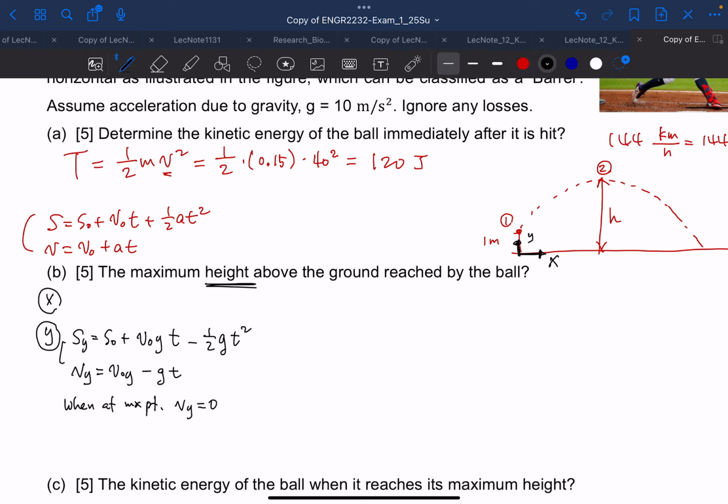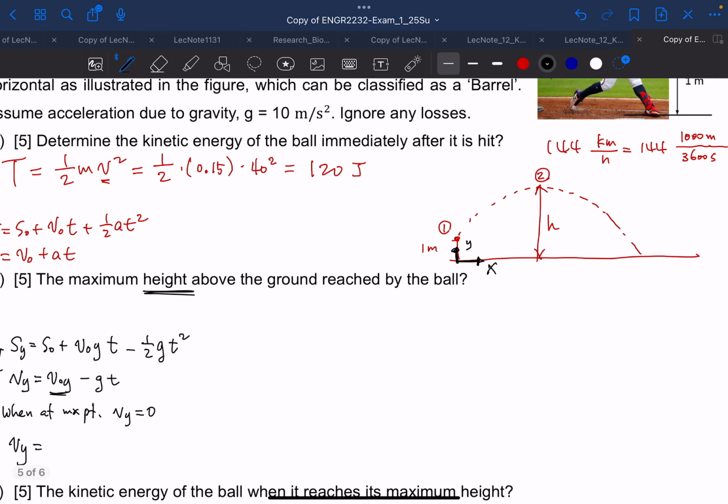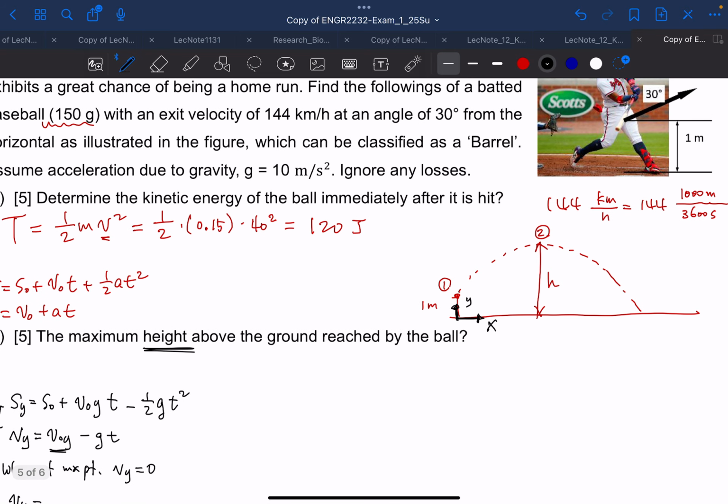Like I said, it goes up and then it pauses and then it goes down. So this becoming 0, that's something we want to use. So Vy, V0y, that's what we want to find out. The velocity was 40 meter per second, and this was 30 degree. So we have two components, and this is V0y, right?